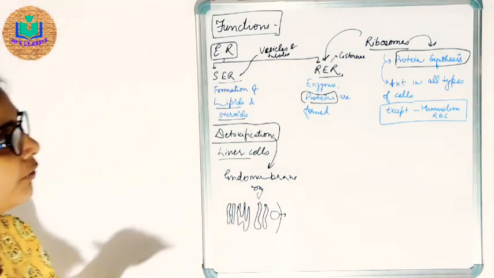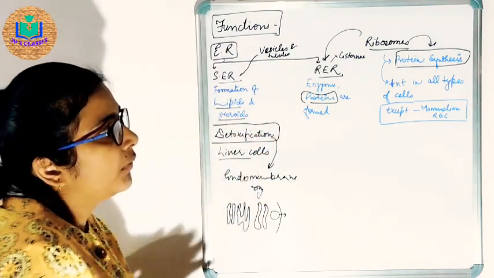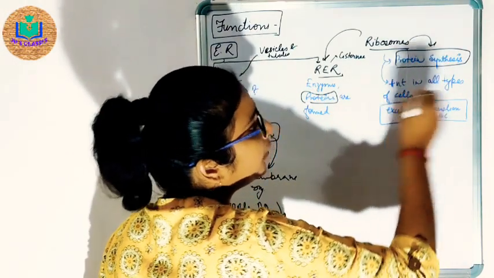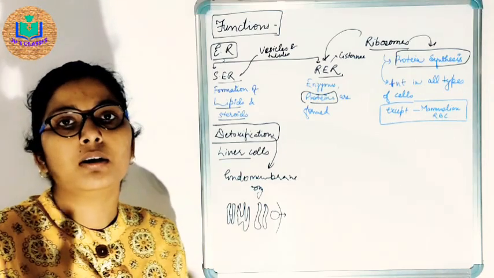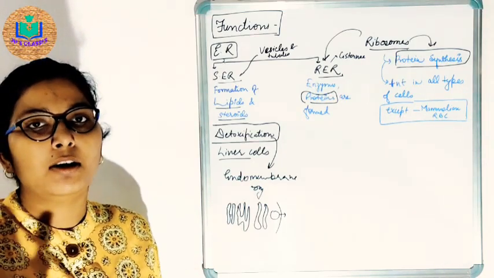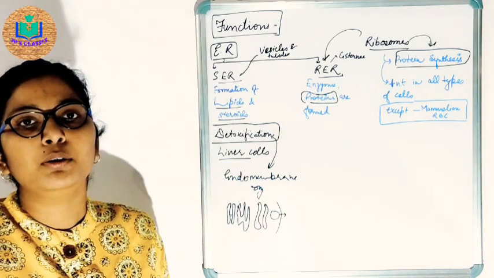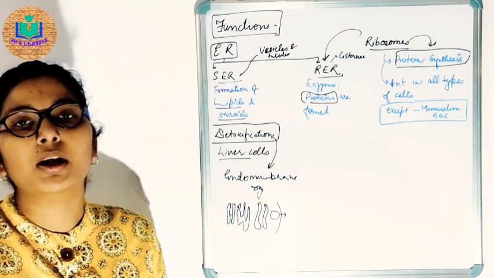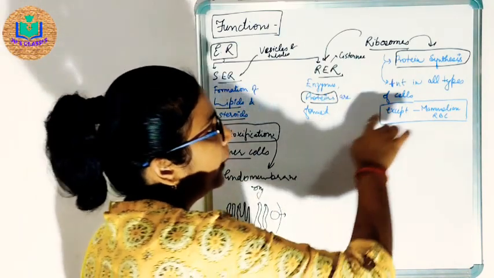The main function of the ribosome is protein synthesis. Generally the ribosome is present in all types of cells, prokaryotic and eukaryotic. If you have not learned or do not have enough information about prokaryotic and eukaryotic cells, please go through my videos. I have made a separate video on prokaryotic and eukaryotic cells in detail.